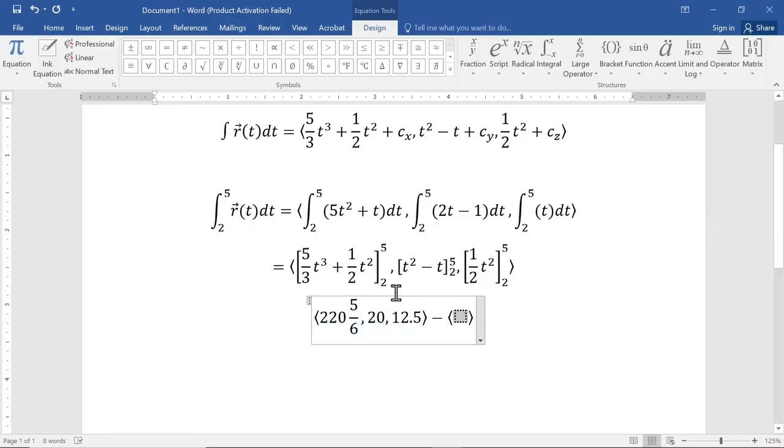And then I subtract off what I get when I plug in 2. So if I plug in 2 here, 5/3 times 2 to the third plus 1/2 times 2 squared is 15 1/3.